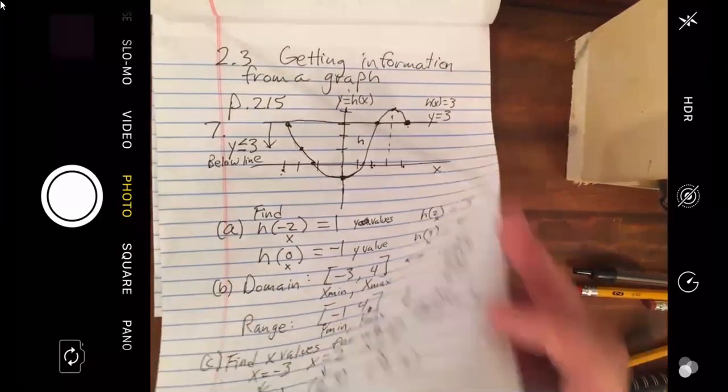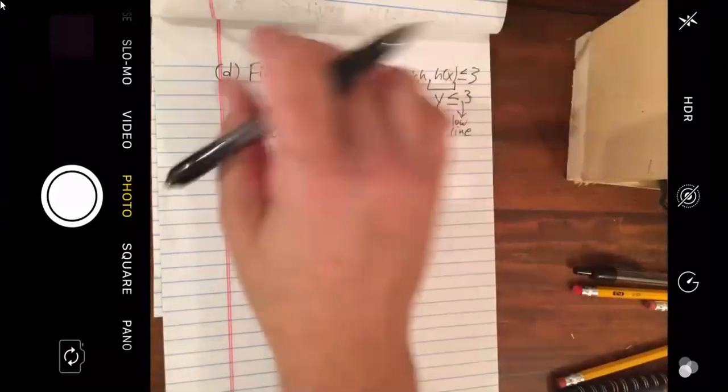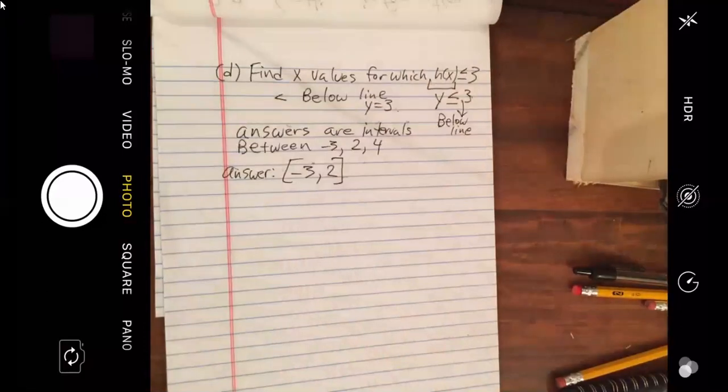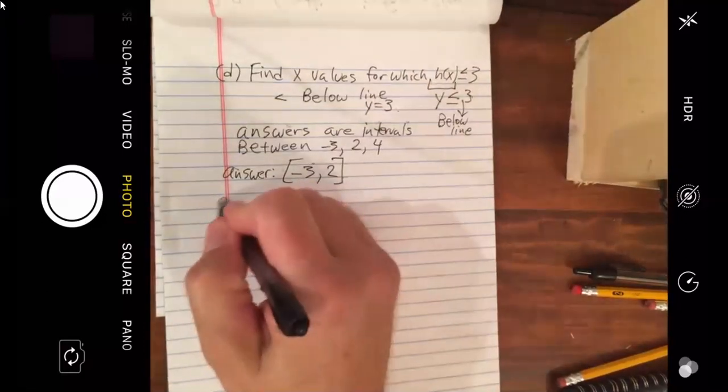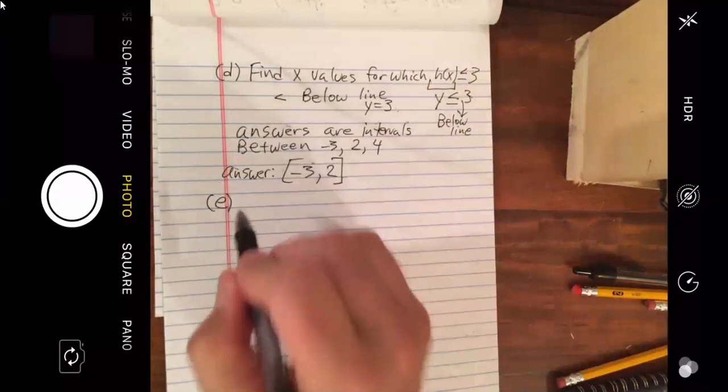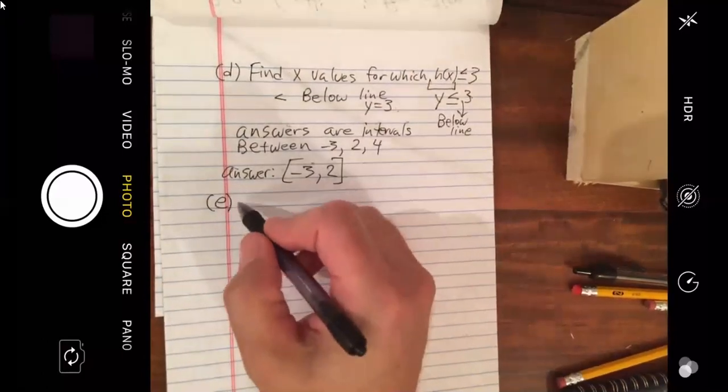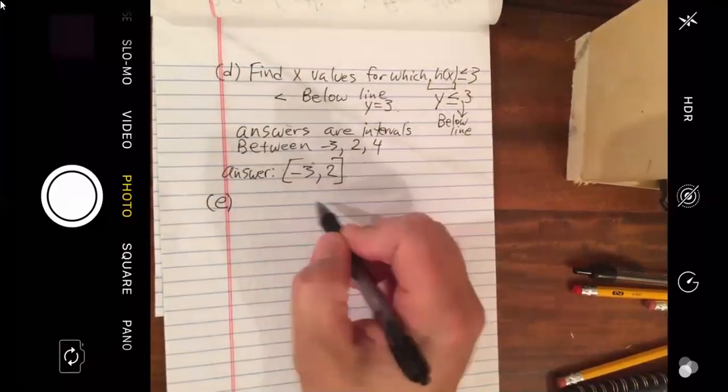All right. Part E is, they mentioned this earlier, but I didn't cover it earlier. They're really making a big deal about this in 2.4, so it's almost a preview of 2.4 here.